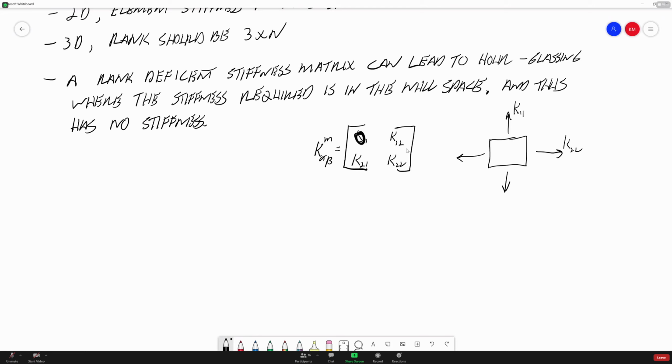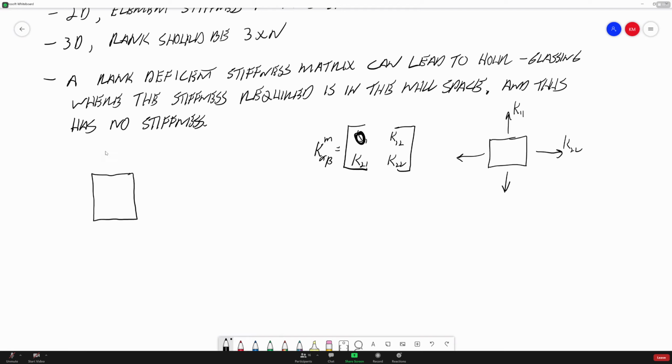But what can happen, this hourglassing effect, is if you have an element, and this usually happens when you have insufficient rank, an insufficient number of integration points, insufficient nodes.